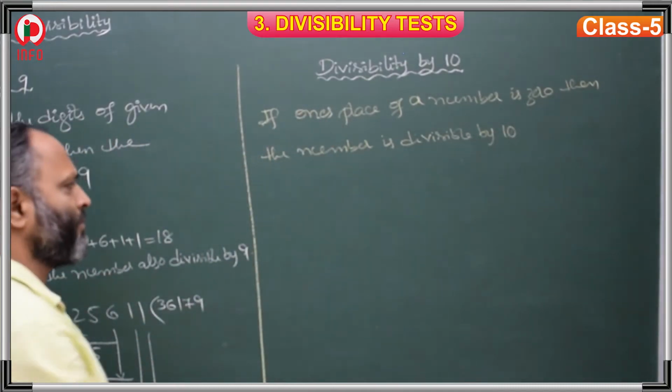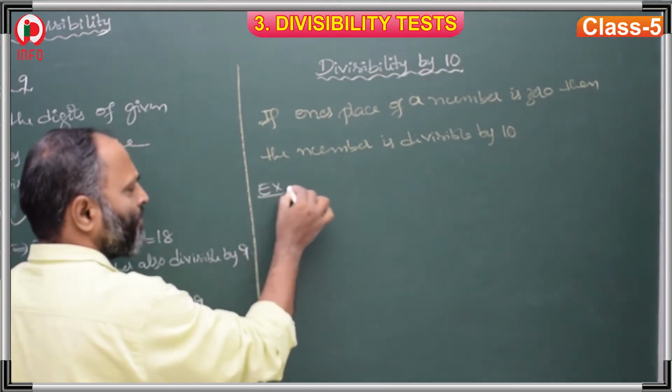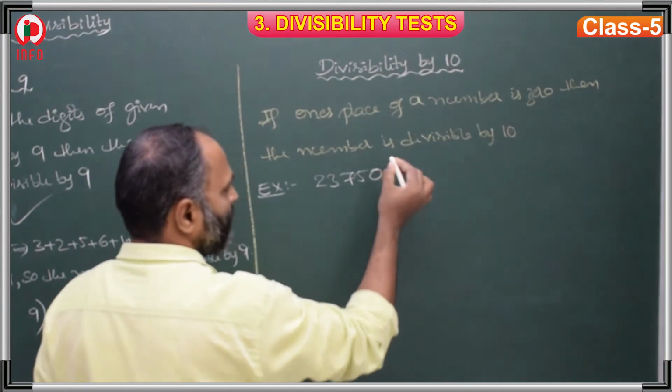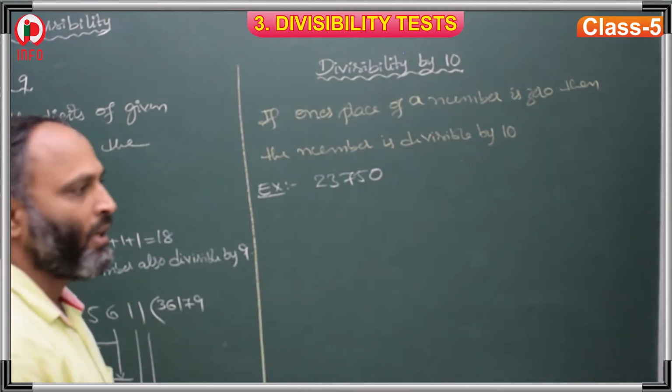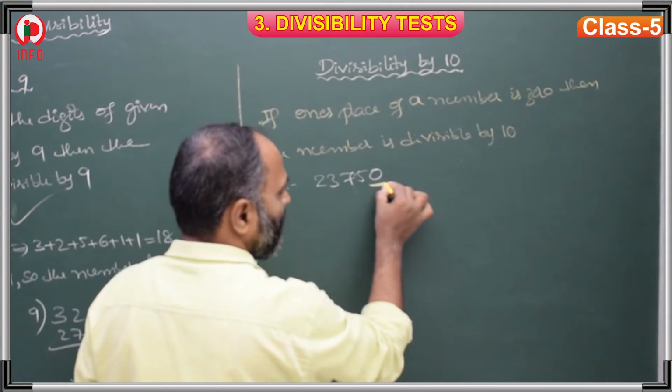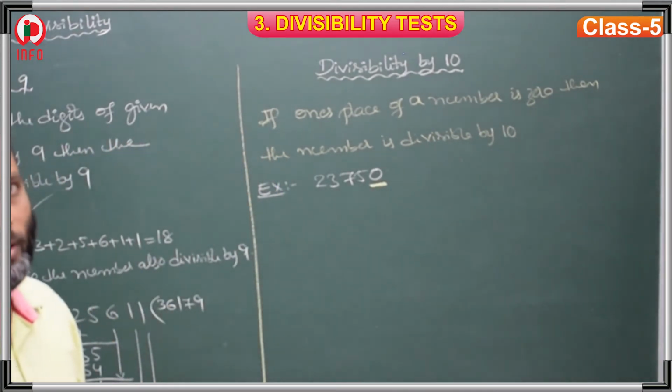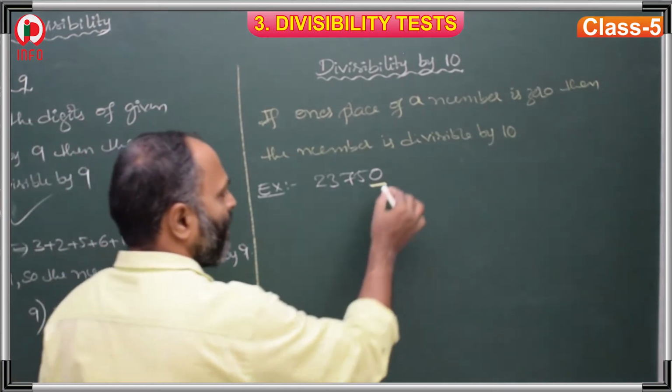For example, 23750. Here in the last place 0 is there. If there is 0 in the last place, then the number is divisible by 10.